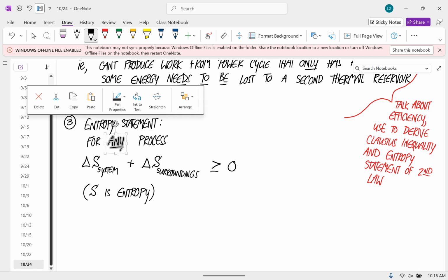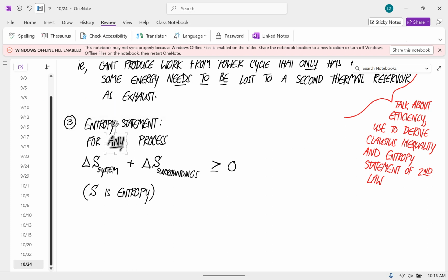It's important to notice that when you say entropy can only increase, you're talking about total entropy. You're not saying anything about entropy in a single part of the universe. You can decrease entropy in a certain location, like your refrigerator is constantly decreasing entropy inside the cold part of the refrigerator.